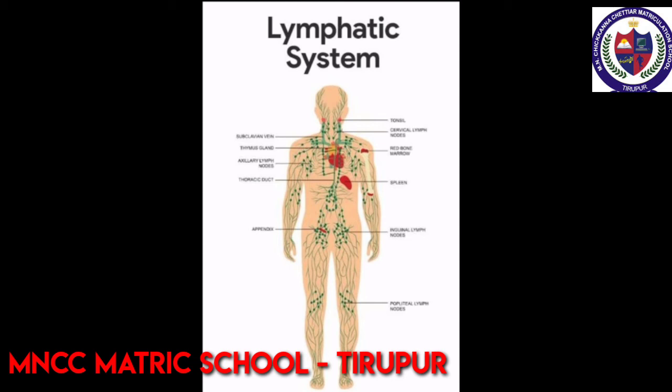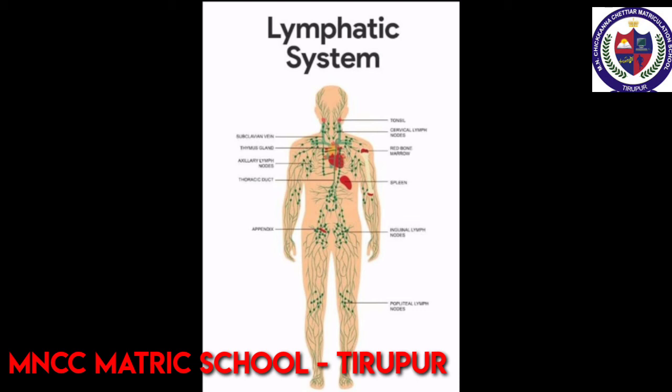Lymphatic system. The lymphatic system comprises lymphatic capillaries, lymphatic vessels, lymph nodes, and lymphatic ducts. Lymph is the fluid that flows through the lymphatic system.